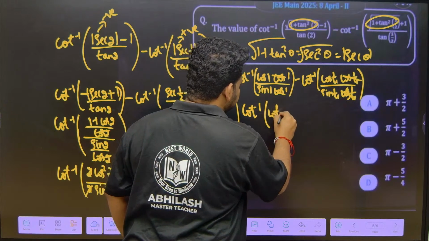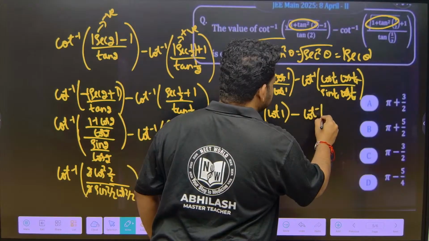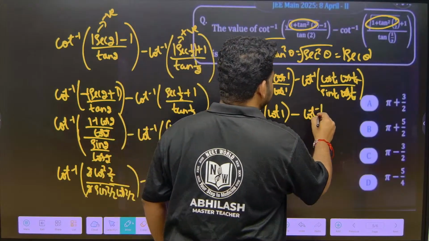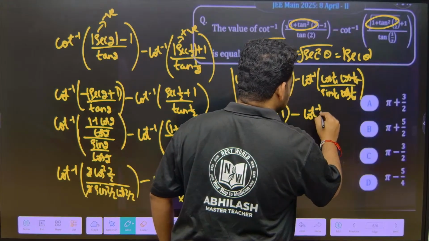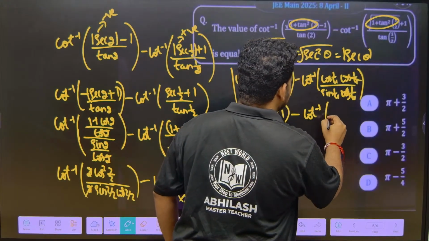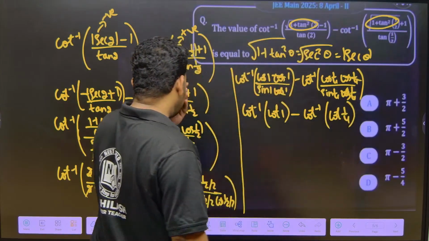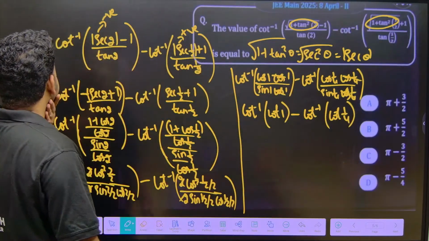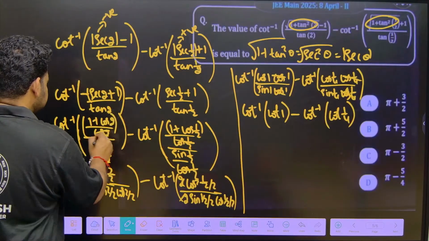So cot inverse of cot 1, minus cot inverse of cot 1 by 4. Now you have to understand one thing here. A minus sign is there that we forgot.